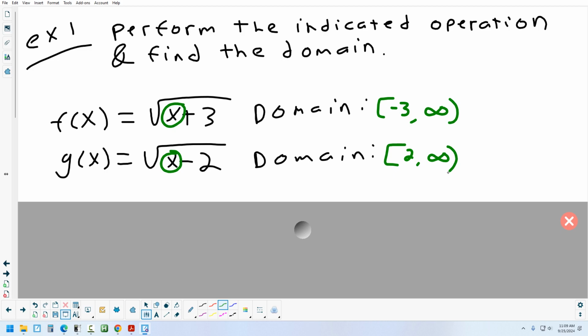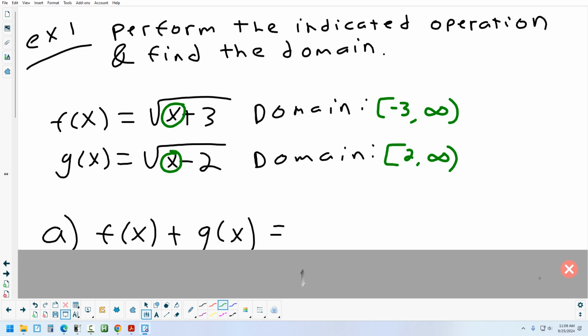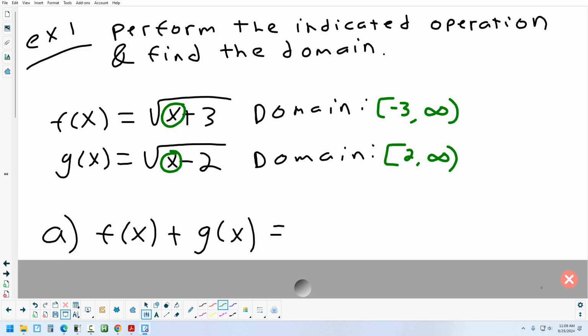Okay, now we're going to combine them. I want to combine them by adding. First of all, they are not like terms. For square roots to be like terms, you have to have the same thing under the square root. Like if you had the square root of x plus the square root of x, you could say that's 2 square roots of x.